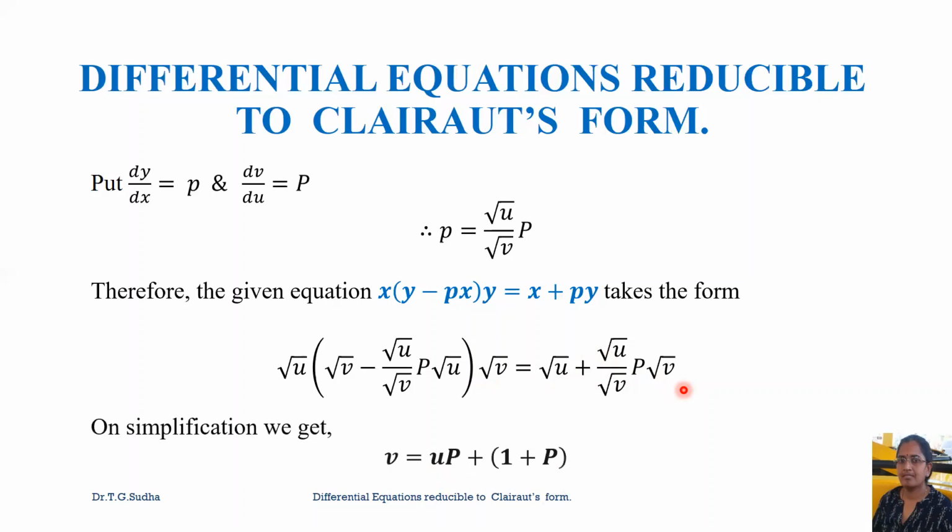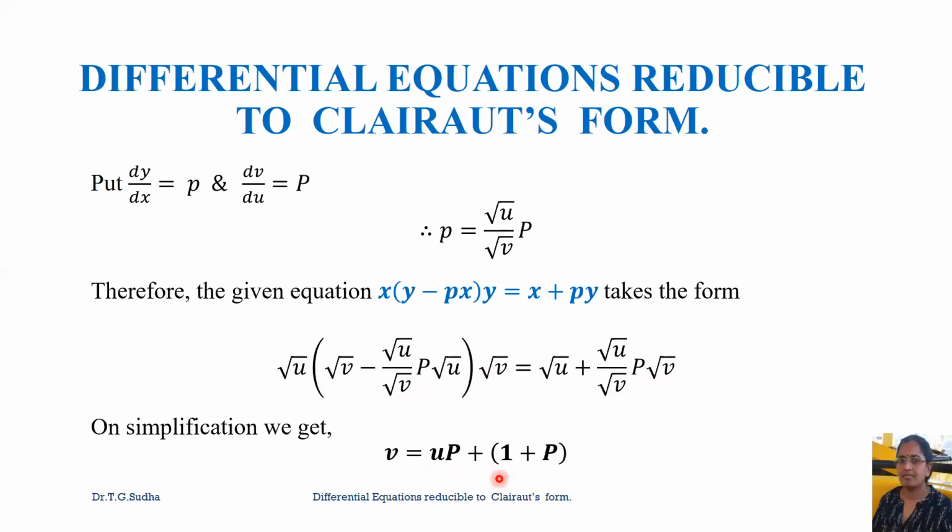On simplification, we get v is equal to u into capital P plus 1 plus p. Here you can cancel out root v. Here you can cancel out u. After taking the LCM, you can cancel out root v plus root v and root v here, and after simplification you are going to get v is equal to up plus 1 plus p.